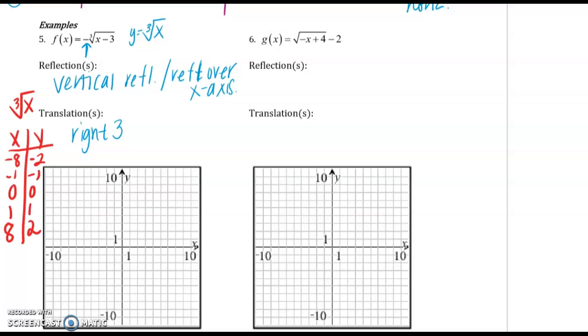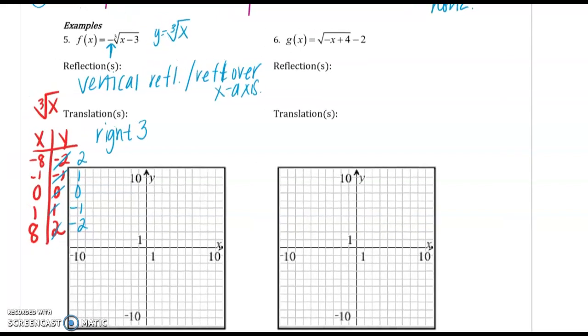So the first thing we do is we reflect it over the x-axis, right? Which is going to change all my y values. So this is going to become a positive 2, a positive 1, a 0, a negative 1, and a negative 2. And then the next thing we do is we move it to the right 3. Well, if I want to move negative 8 to the right 3, I'm just adding 3, right? So we're just going to add 3 to all of these.